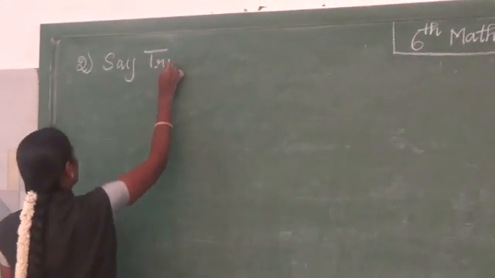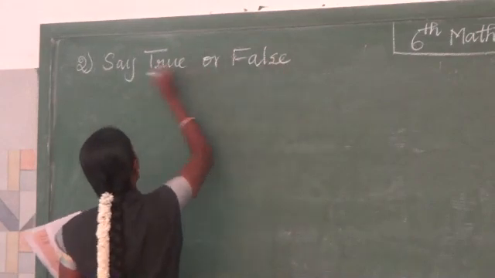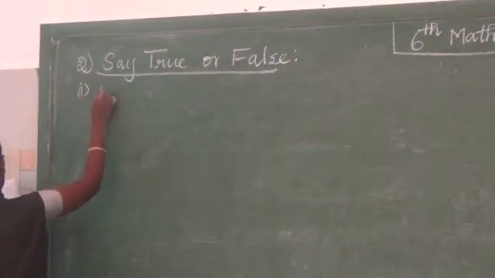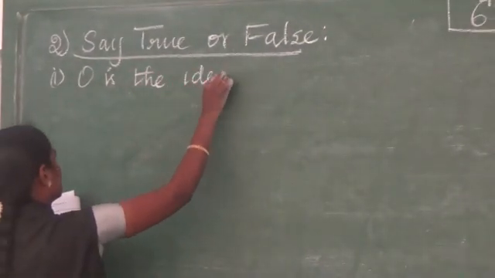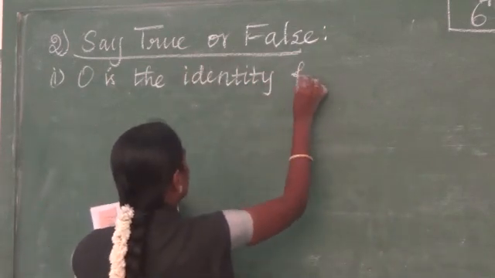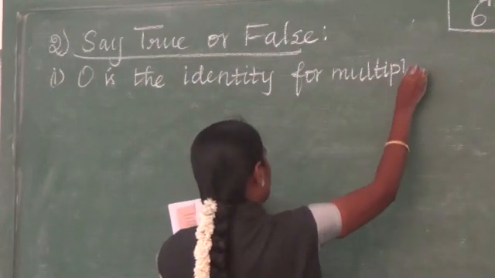Question number 2 is, say true or false. The first option is: 0 is the identity for multiplication of whole numbers.